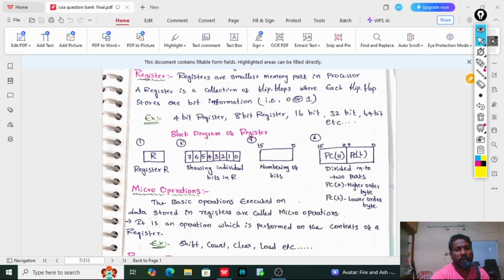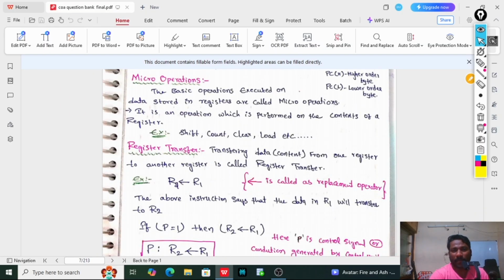Next, before going to know what is register transfer language, you should know what is micro operation. Simply, a micro operation is an operation which is performed on register data. Already I said that a register is used to store information, right?